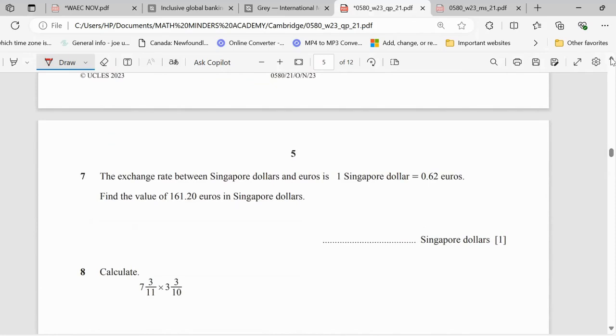The exchange rate between Singapore dollars and euros is 1 Singapore dollar equals 0.62 euros. Find the value of 161.20 euros in Singapore dollars. Now we are told that 1 Singapore dollar, let's call it SD, is equal to 0.62 E, which is euro.